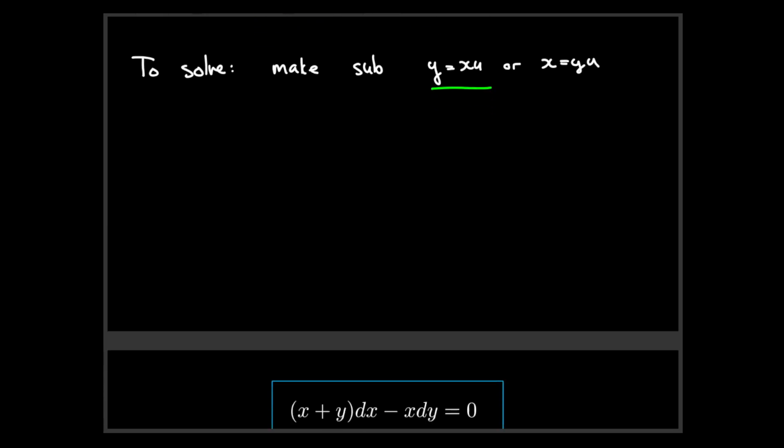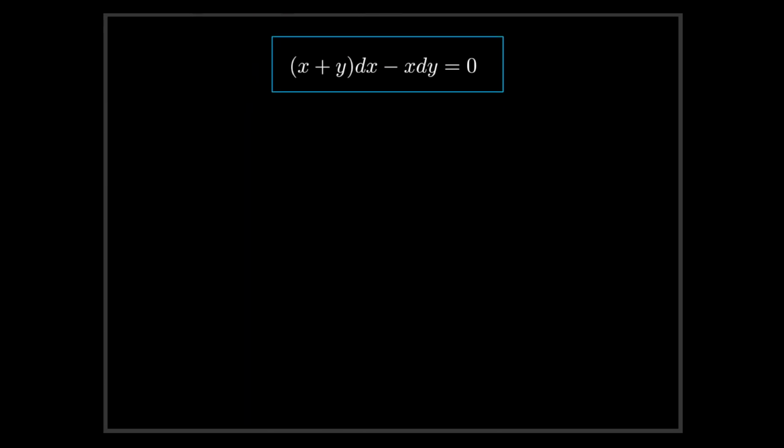Okay, so let's see this in action. Let's consider this differential equation as we saw it earlier. According to our technique, we should let u be the substitution. First, just to say it again, it's homogeneous of degree 1, but we should mention what the substitution is here: because what's in front of the dy is simple, it's just a negative x, let's say that y is equal to xu.